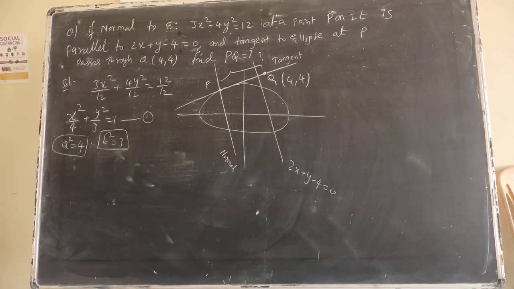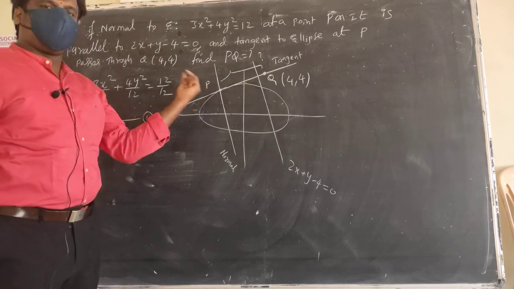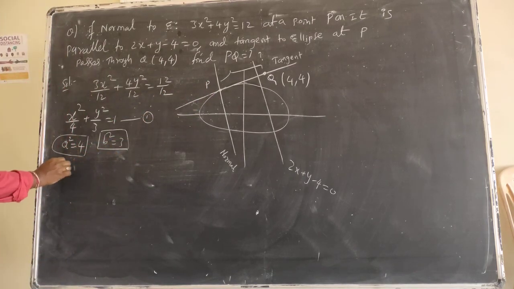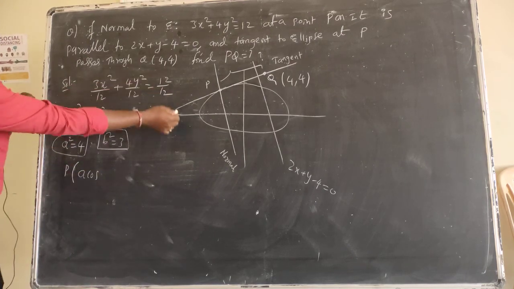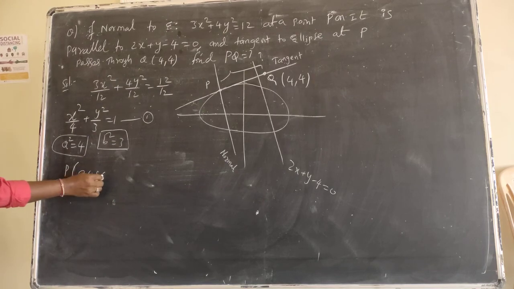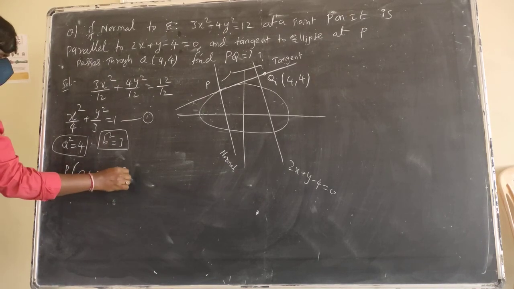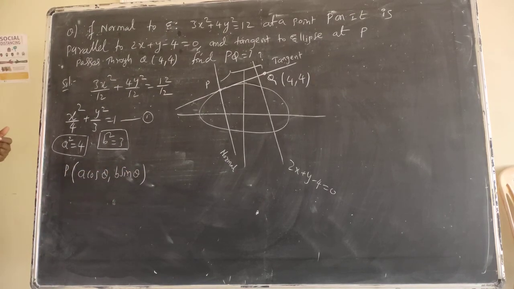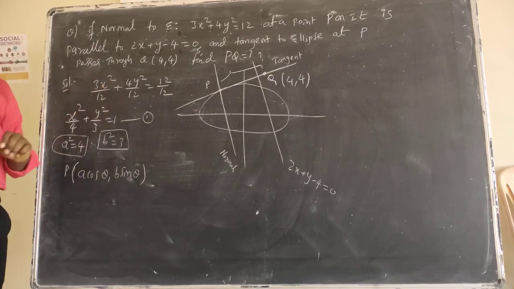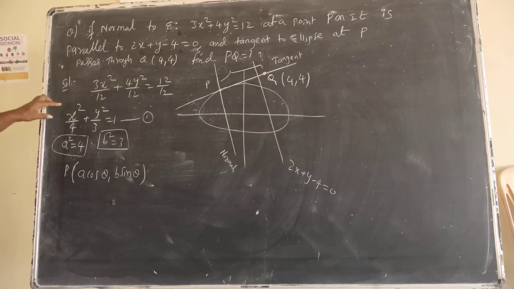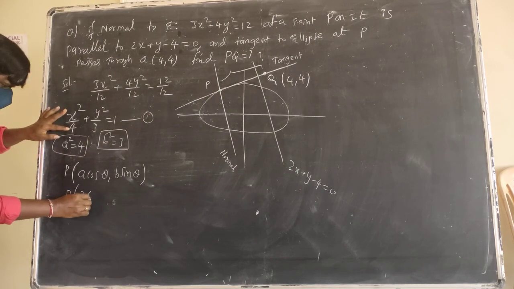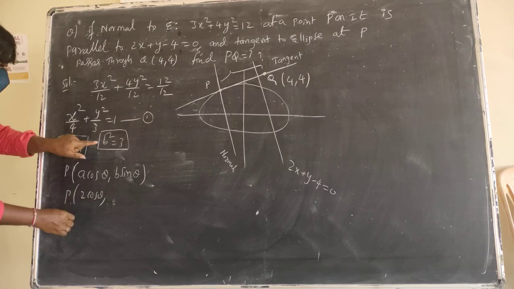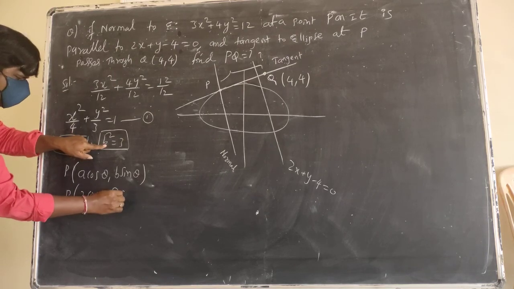So what I do right now is take a parametric point P. The formula is a cos theta comma b sin theta, it will be easiest. A is 2, so I can write 2 cos theta comma root 3 sin theta, since b is root 3.